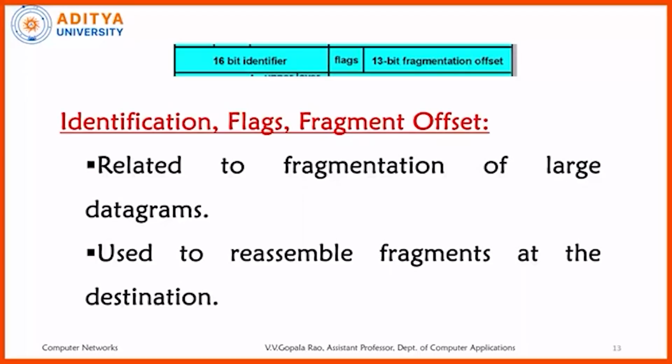Suppose the datagram is very large and will not fit in the prescribed frame. Then you have to divide it into a number of frames. You put the relevant data based on the boundaries or characteristics, and the datagram is taken into different fragments. That is why you can identify in the 16-bit identifier whether fragmentation is done or not.